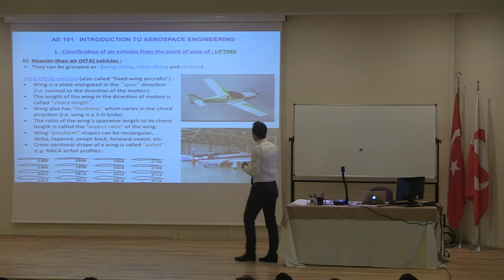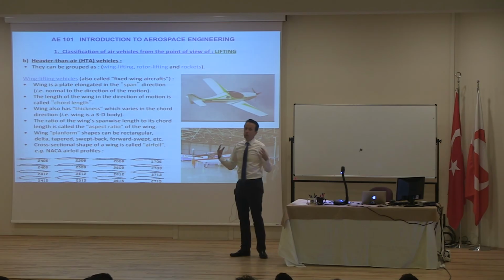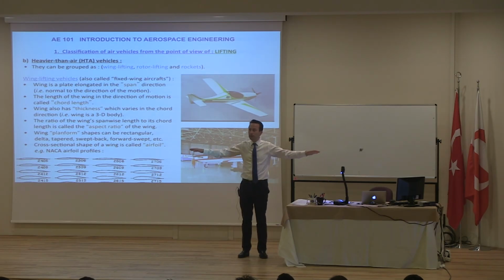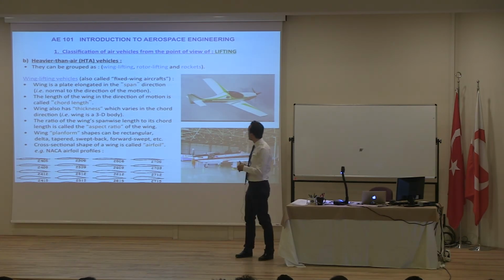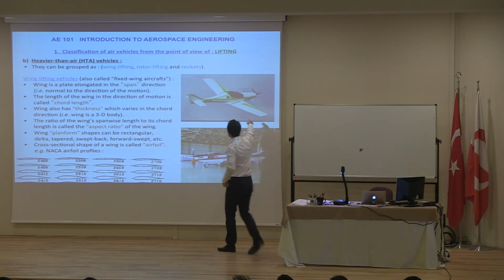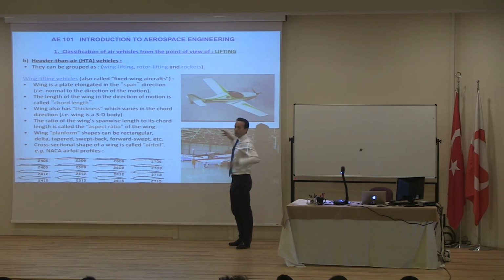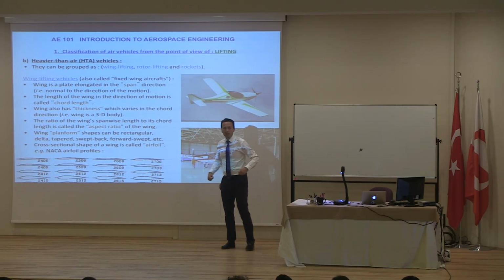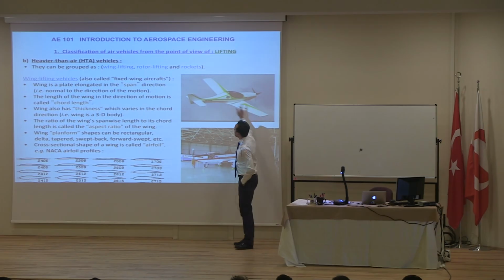Okay. Fixed wing airplanes, we call them fixed wing airplanes. The wings are fixed. Rotary wing airplanes have rotating wings, right? All right. The length we call the span of the wing, from one tip to another.